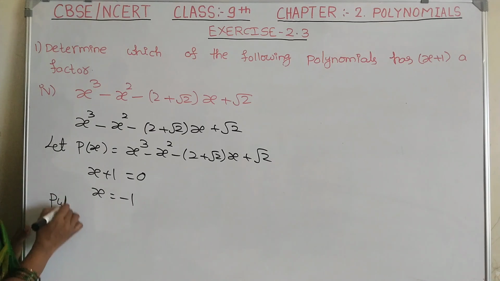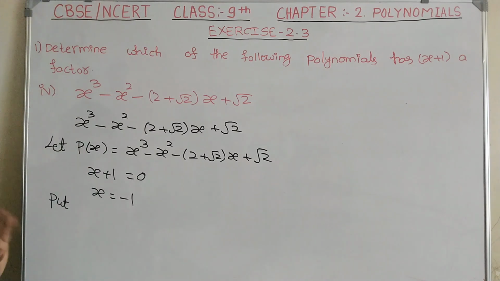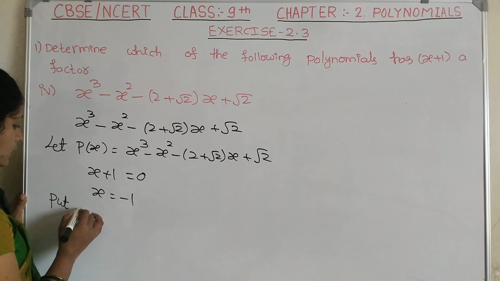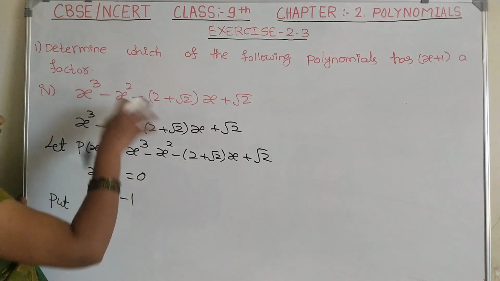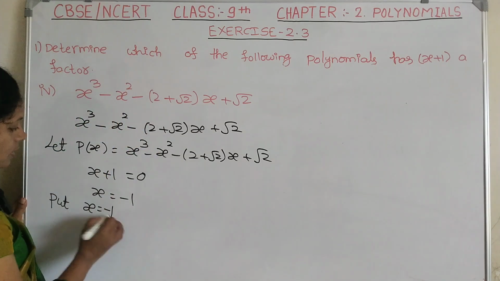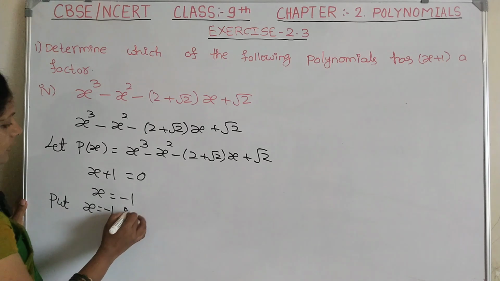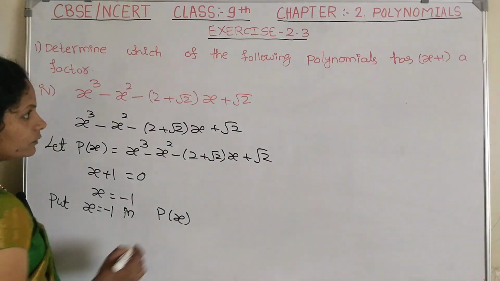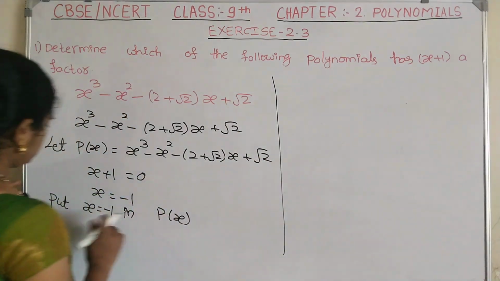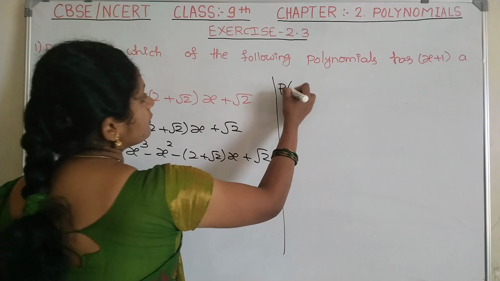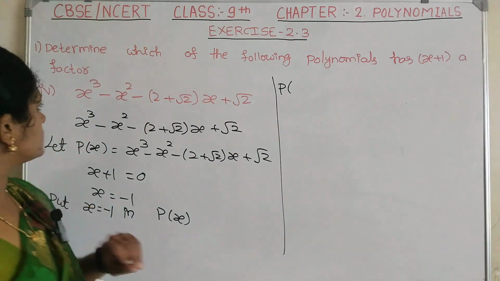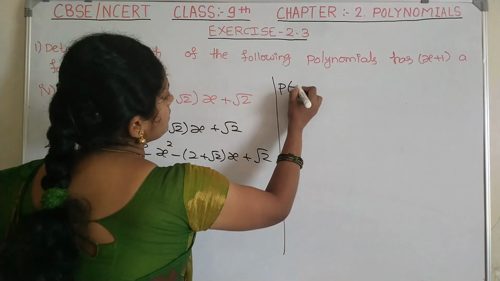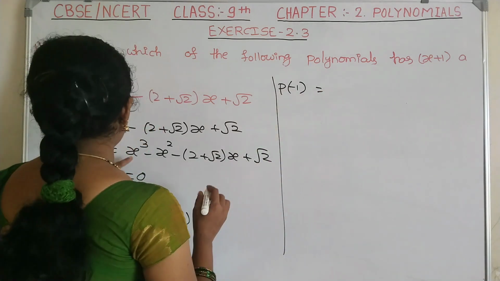Again, we have to follow all these steps in every question. Put x equal to minus 1 in p of x. So what will happen? Wherever x is there, just substitute minus 1. So p of x means p of minus 1.